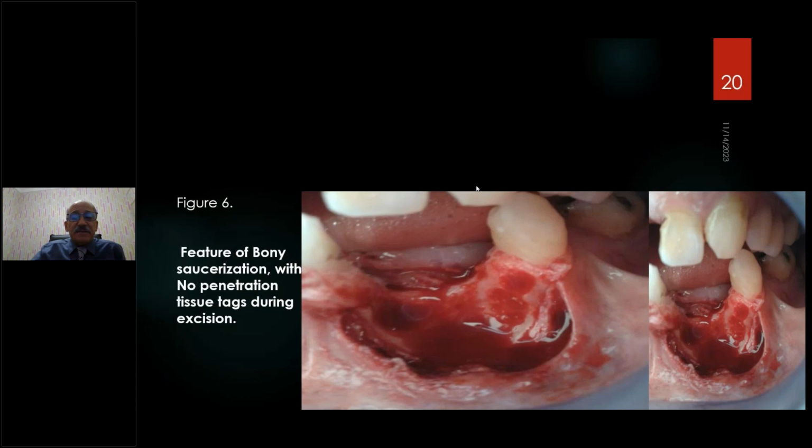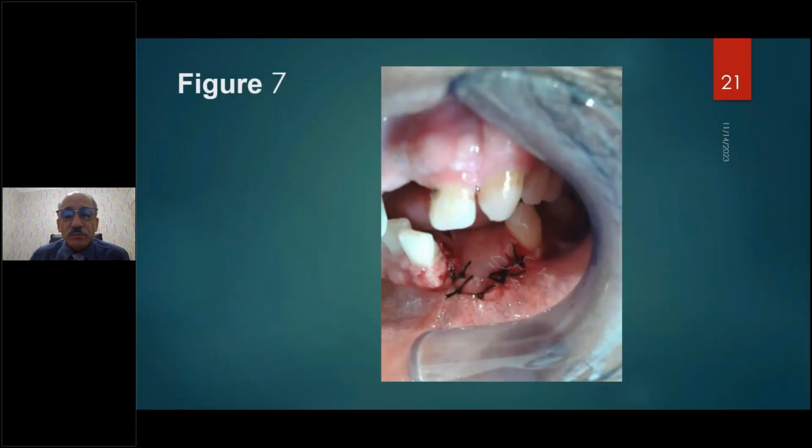You see here the features of suturing with no penetration tissue tags during excision. And then this is the picture after the removal of the whole lesion. Next. Suturing. And next, the final one.